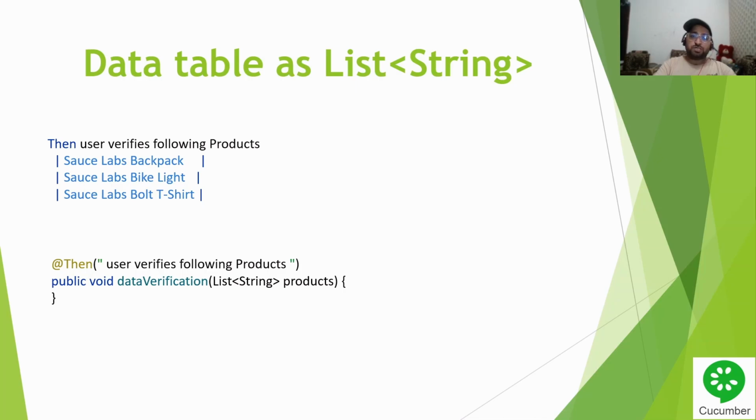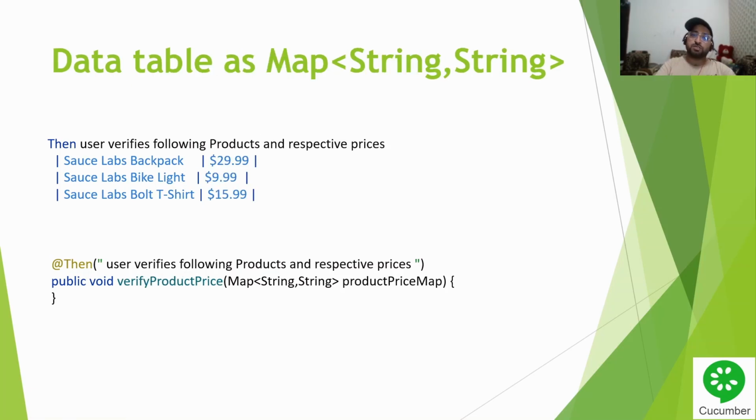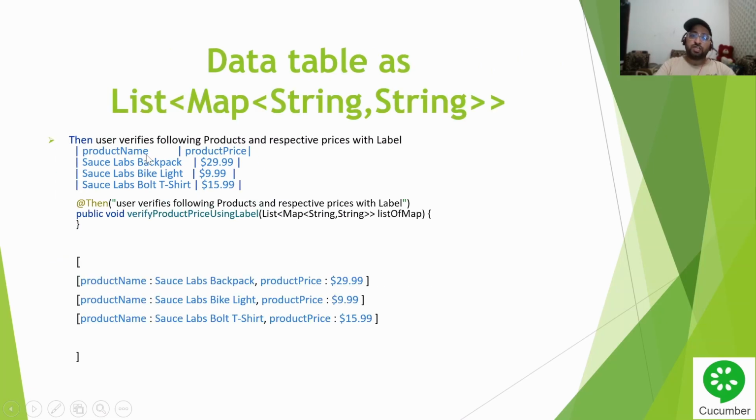So first we discussed, when we have this type of structure of data table, we can simply map this particular step with list of string internally in the step definition. Then we discussed, when we have key value pair, we can use it like this. And when we have key value pair, but along with that we have a label, then the first row will be considered as the keys, and the second row, third row, and fourth row, or the subsequent rows, will be considered as values of the keys, right?